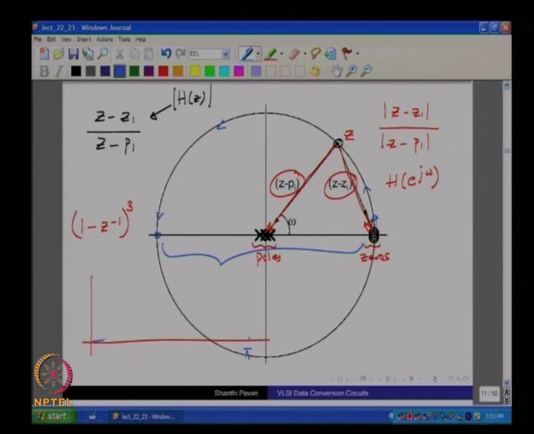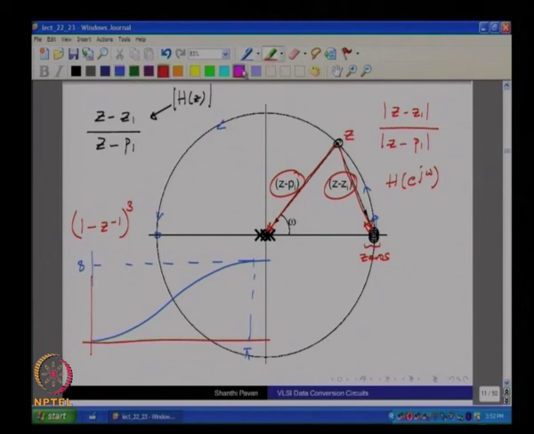So, in other words, the NTF does something like this, alright. This is 8. What is responsible for the modulator going into oscillation?